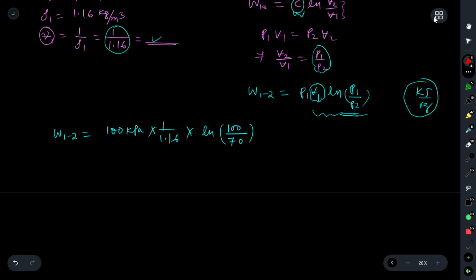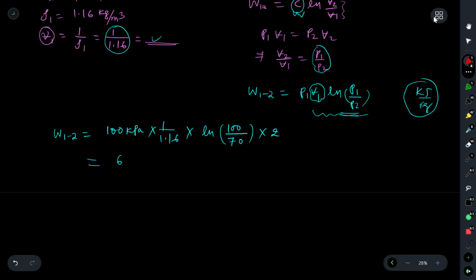Okay, so now to get our work in kilojoule, I have to multiply by the mass. The mass is given as 2. So if we calculate this value, we'll get our required answer. I have already calculated the value.